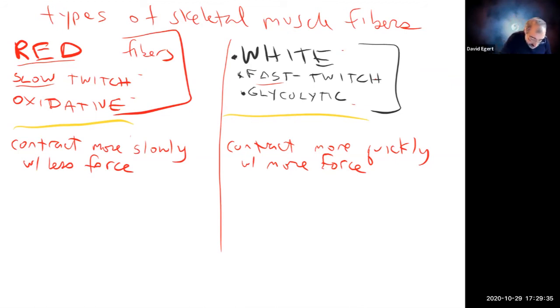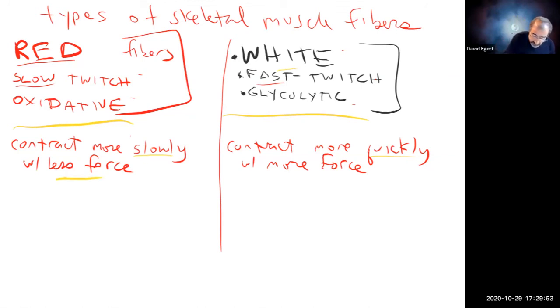Part of this, the speed of the contraction, actually has to do with slightly different versions of myosin. The myosin in white fibers actually snaps quicker. So they are going to be pulling faster in the power stroke than they do in red.